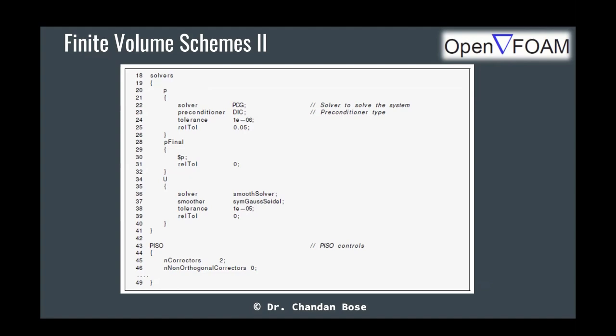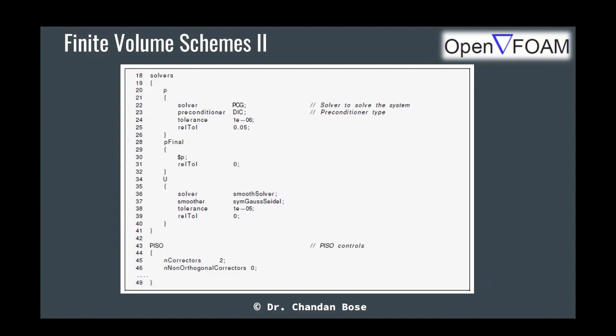Okay. So basically you need to assign some linear algebra solvers such as preconditioned conjugate gradient method with some preconditioner, let's say diagonal incomplete Cholesky. So you know there are different sets of linear algebra solvers and their preconditioning treatment to increase the convergence rate, their stability, et cetera.